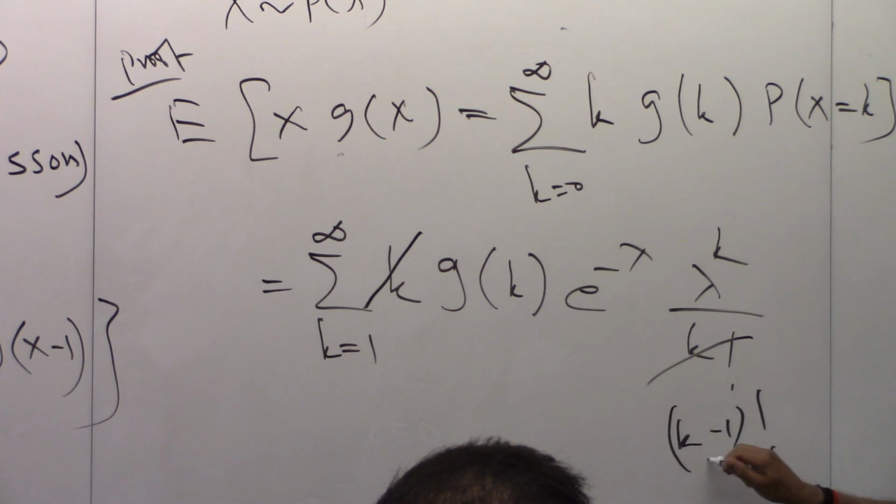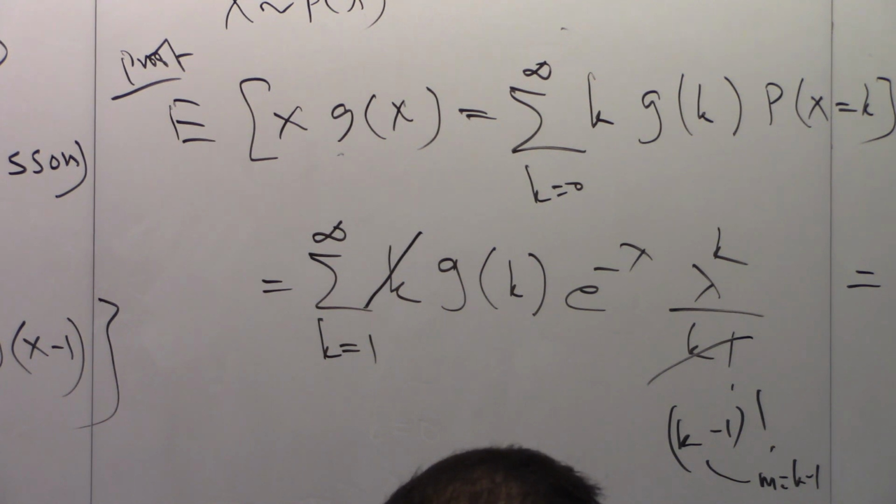What do you get? k minus 1 factorial. I'm going to call k minus 1 equal to m, so k is m plus 1. So this summation now becomes g of k, with k as m plus 1, e raised to minus lambda, lambda to the power m plus 1 over m factorial. M goes from 0 through infinity, because m is k minus 1; when k is 1, m is 0.